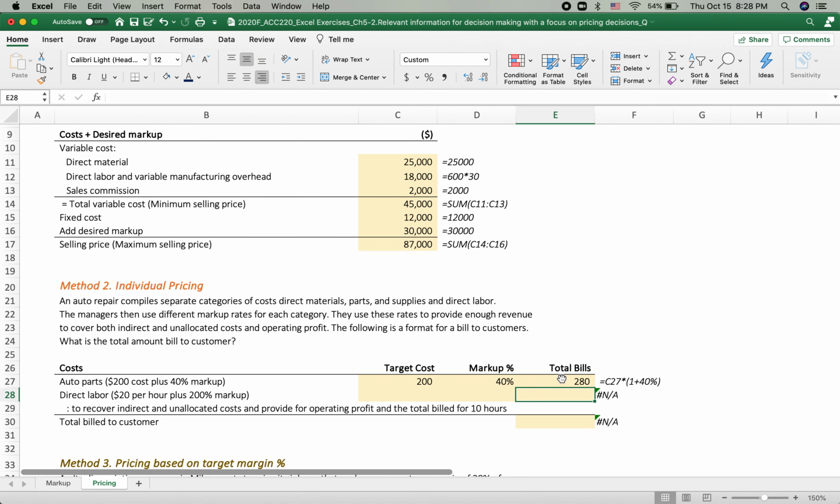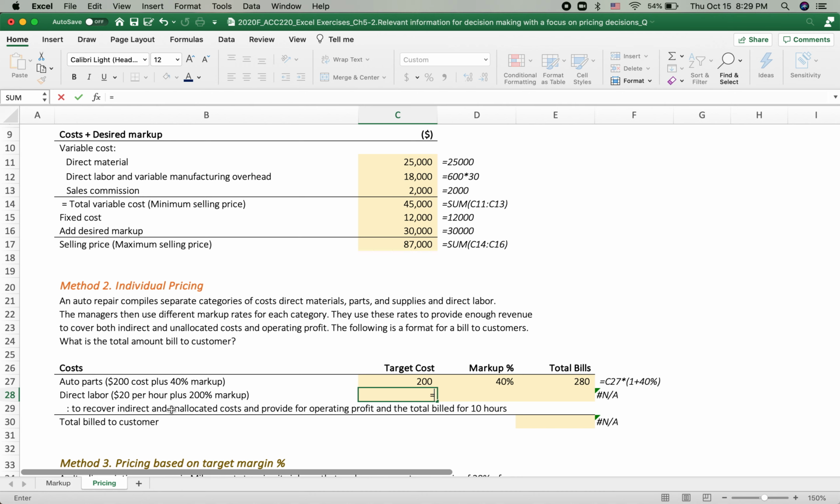So in dollar amount, you can see the difference between the bill amount and the target cost is 280, and the markup in percentage is 40%. Direct labor: $20 per hour plus 200%. So just $20 per hour?